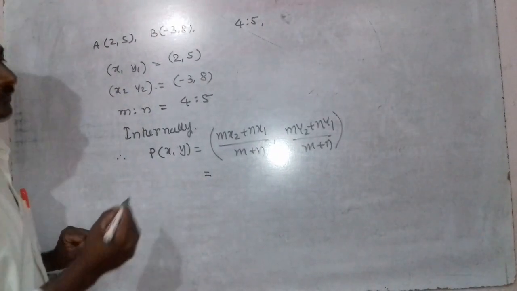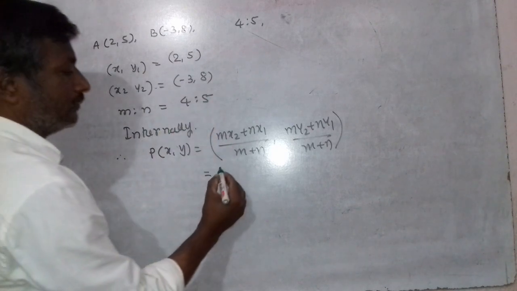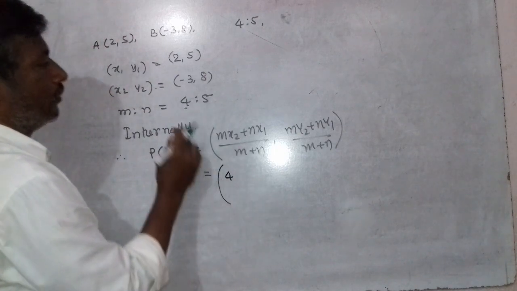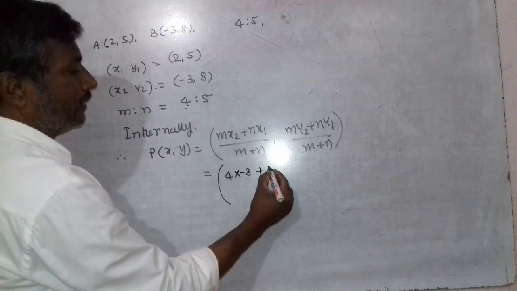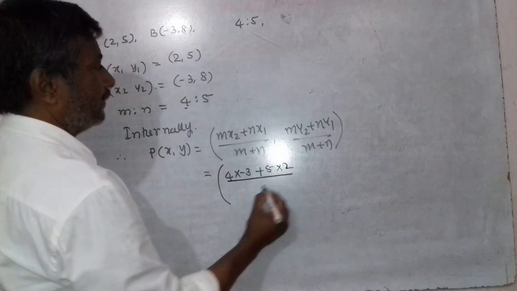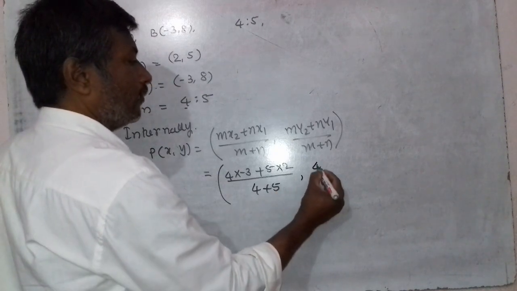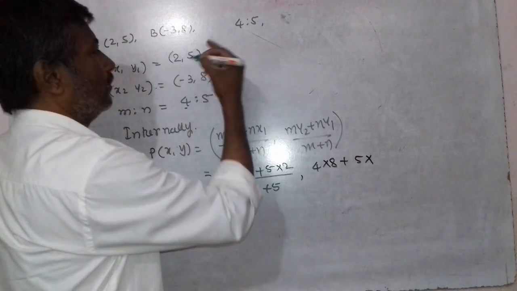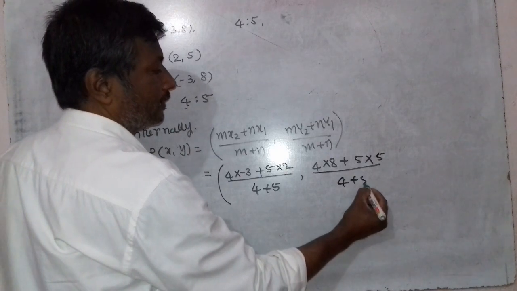So here m is equal to 4, n equal to 5. x2 is minus 3, x1 is 2, divided by 4 plus 5, comma 4 into 8 plus 5 into 5, divided by m plus n, 4 plus 5.